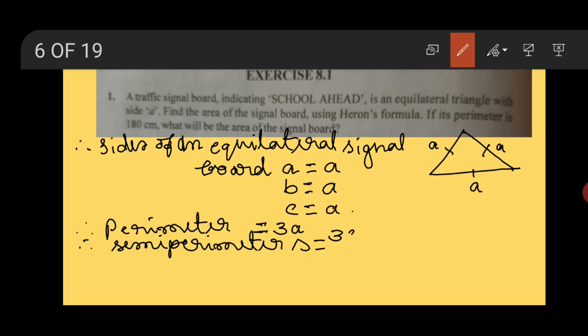S is equal to half of the perimeter, 3A divided by 2. Now we have to find what S minus A is. S minus A is equal to 3A divided by 2 minus A. Take the LCM, which is 2.